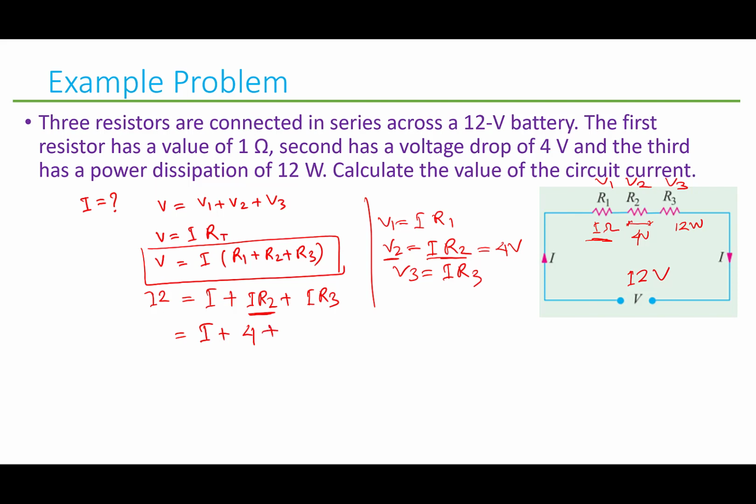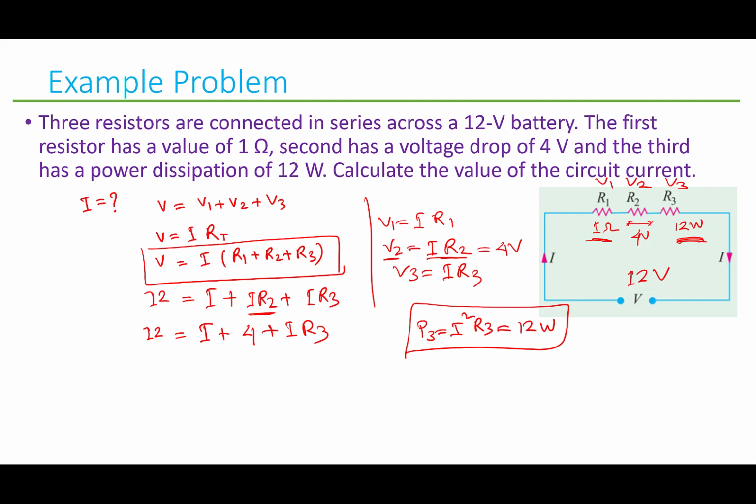Now we are left with IR3. What I'm trying to do right now is use another parameter given. P3 equals I squared R3 equals 12 watts. It is given, right?